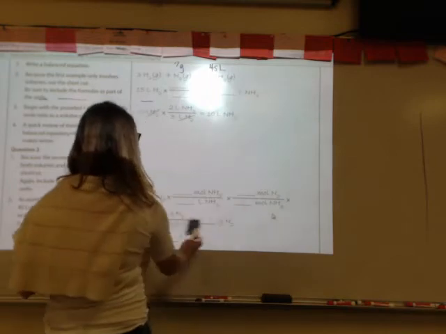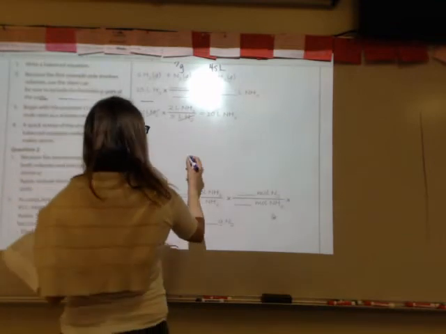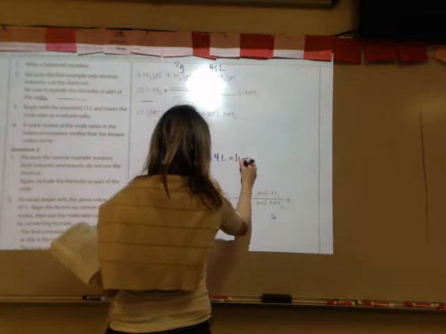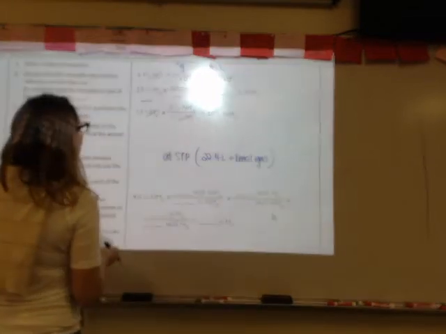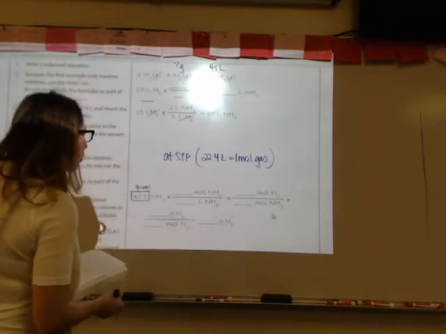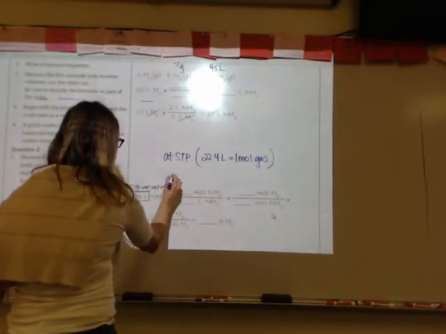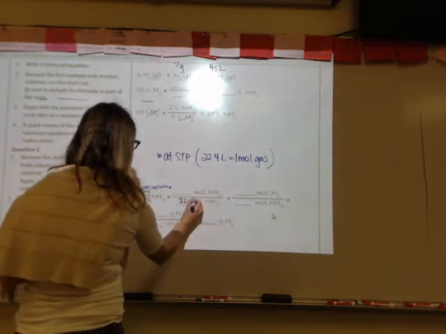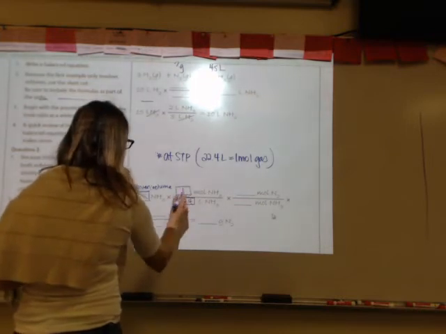Let's do this a different way. If you are at STP, then since you're at STP, you know that 22.4 liters is the volume occupied by any mole of gas. So this is the given, since we're not doing a liter to liter conversion like we were up above, you're given a volume here, and we're at STP, and since I'm going to grams, I would have 22.4 here always, and I would have 1 mole on top always.